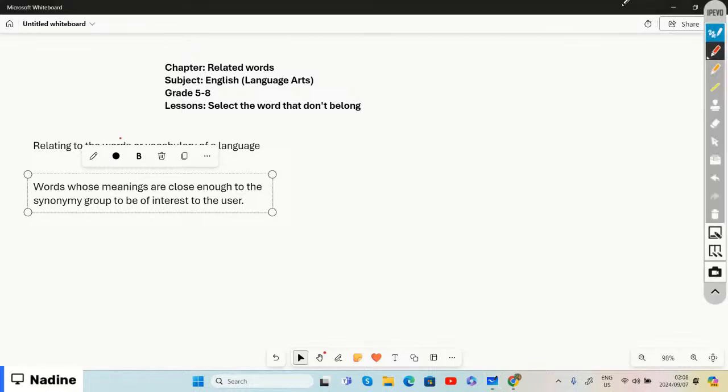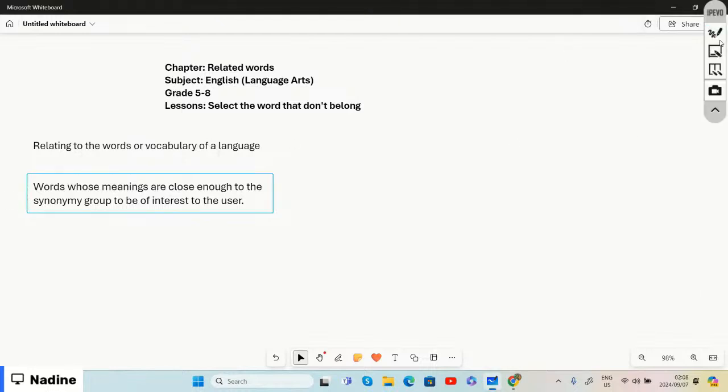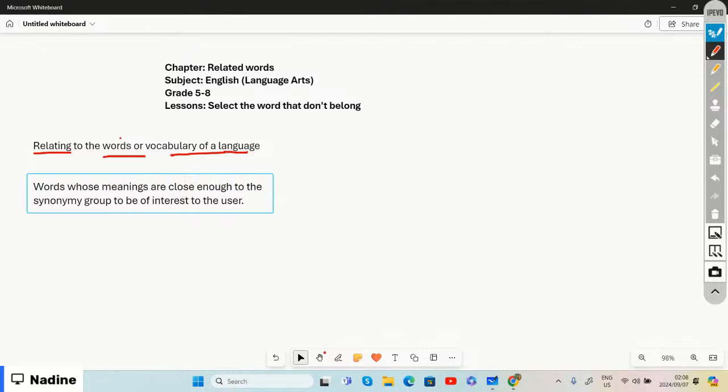All right, so related words. Like we said, it is words that we can say are relating to one another or relating to another word, right? So it's relating to the words or vocabulary of a language. And also another word for related words, it's words whose meanings are close enough to the synonym, right?